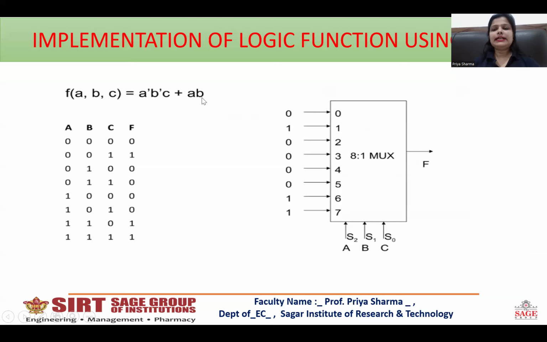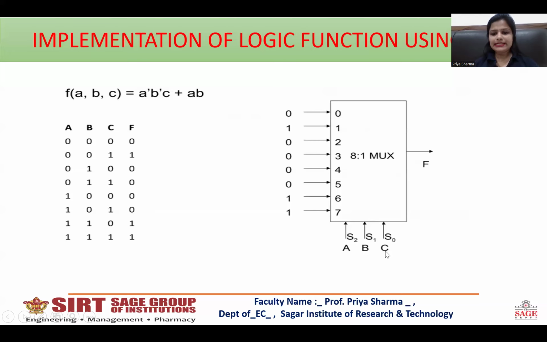So A and B is equal to 1 and 1, and irrespective of the condition of C, whether it is 0 or 1, we are taking the output as 1. As C is not mentioned here, that means after solving through the K map, C has been cancelled out. That's why we have taken 1 in both cases. In all the rest of the cases, we have taken the output as 0. So this is our final output, and we'll implement these 8 inputs over here.